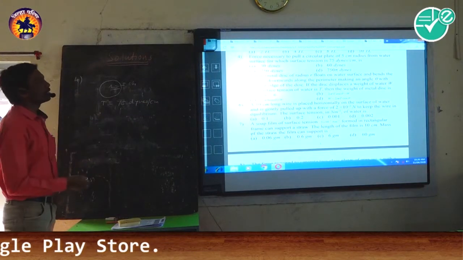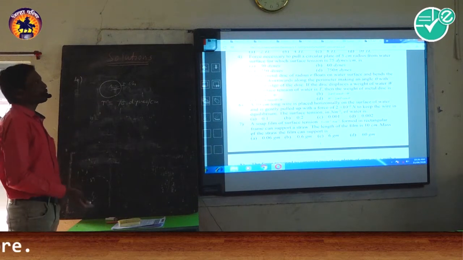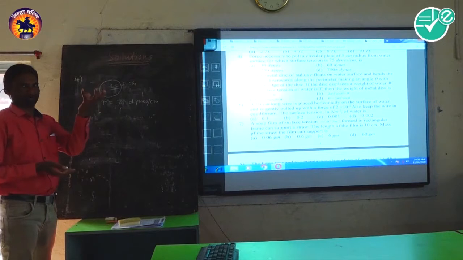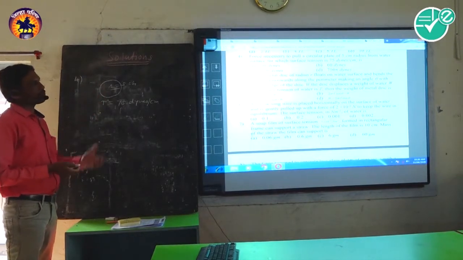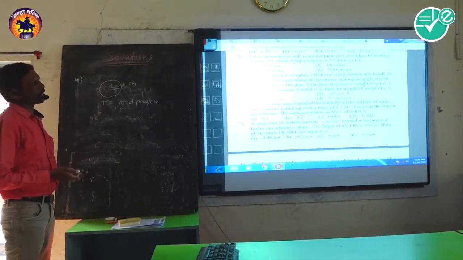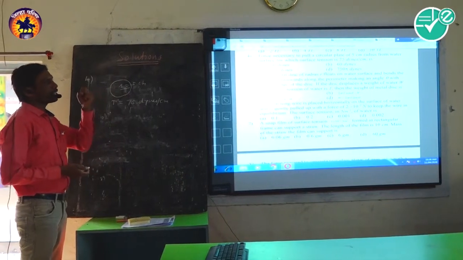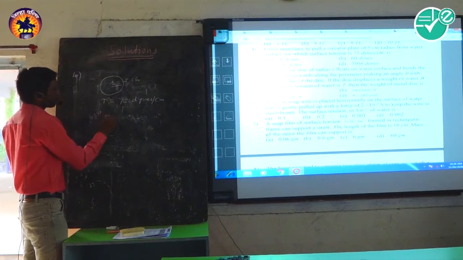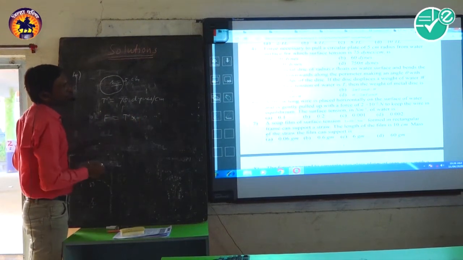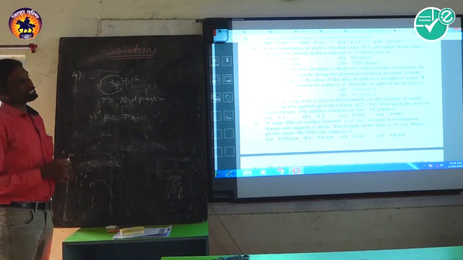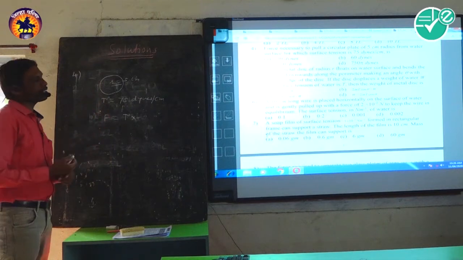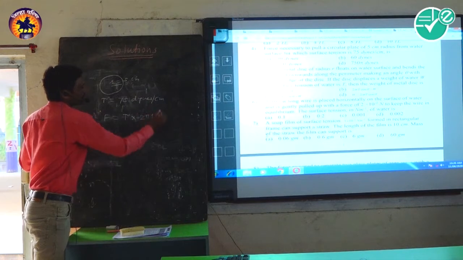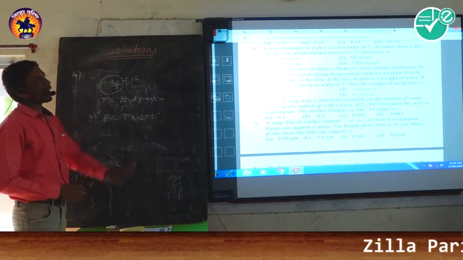We have been asked to determine the force necessary to pull this circular plate. It means we must apply an upward force, and that is equal to the force due to surface tension of the water, that pulls in the downward direction on that plate. That force is the surface tension into the length of the circular plate that is actually in contact with the water, and that is the outer circumference of that plate, which is 2 pi r.